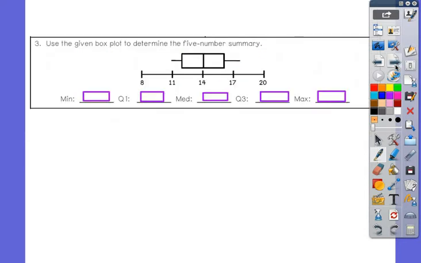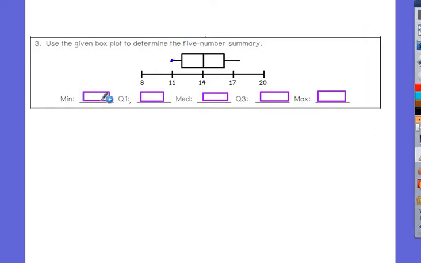So number 3 says, use the given box plot to determine the 5-number summary. What is my minimum here? Minimum would be here. I agree, 11. Quartile 1, what number would that be? Quartile 1 is located here.